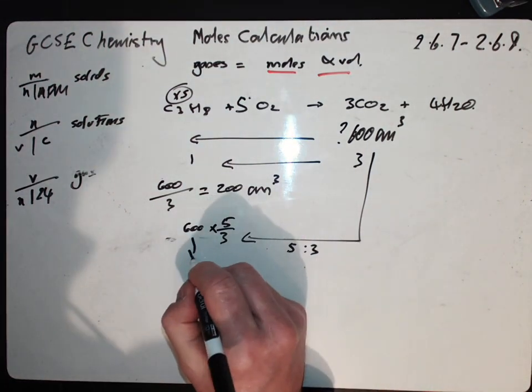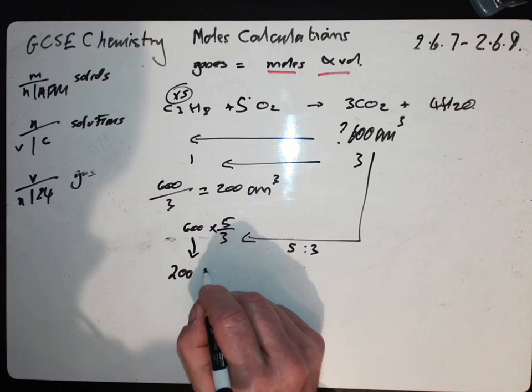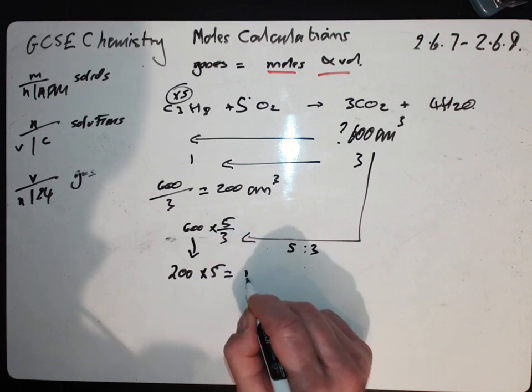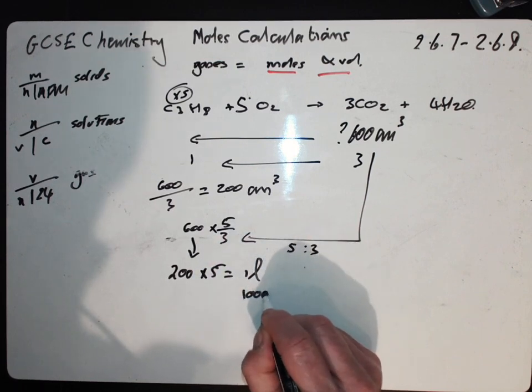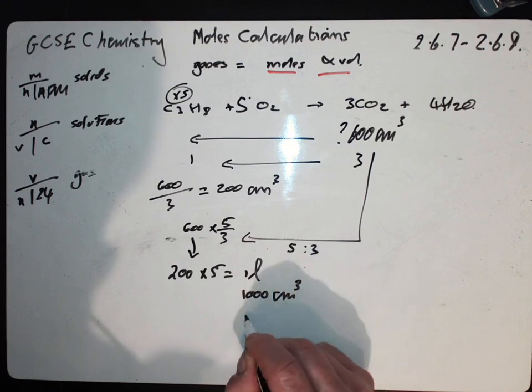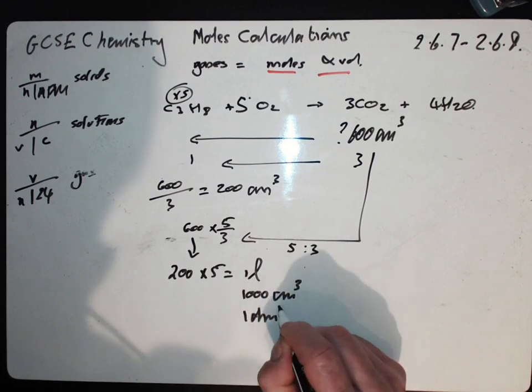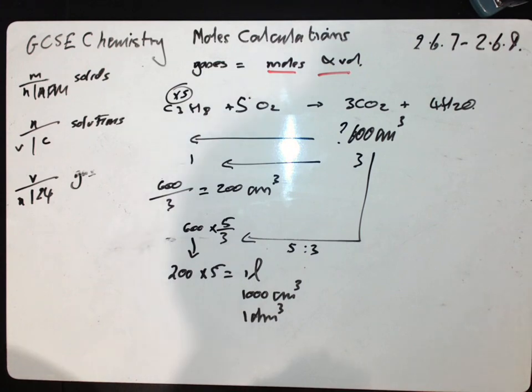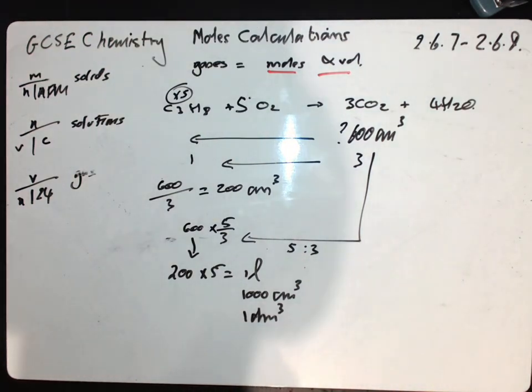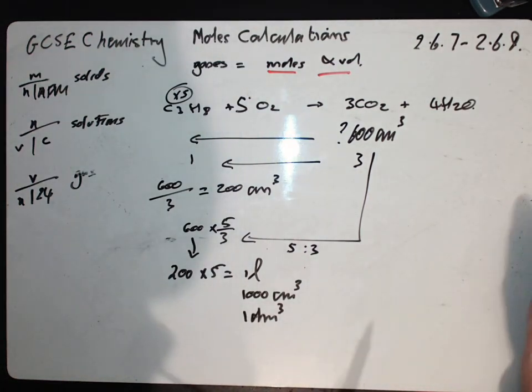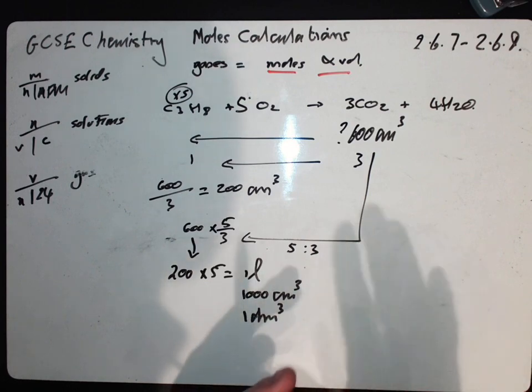So if I divide that by 3, that gives me 200 cubic centimeters. I multiply it by 5, which gives me 1 litre, or 1000 cubic centimeters, or 1 decimeter cubed. Okay, just read the question. Sometimes they specify what units they want that to be in. Right, so those are very simple.